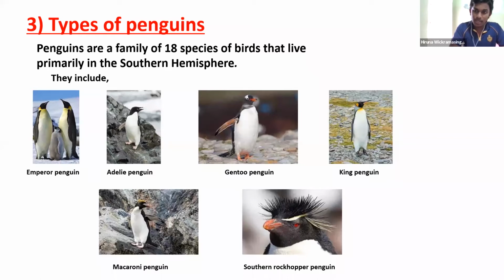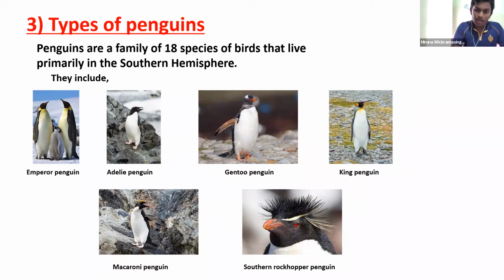Next is the King penguin. The King penguin is the second largest species of penguin, smaller but somewhat similar in appearance to the Emperor penguin. It is about 80 inches tall and weighs from 9 to 18 kilograms.